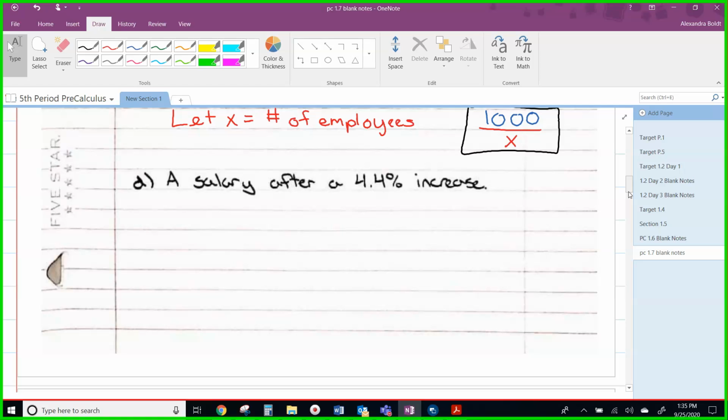I don't know what the new salary is going to be if I don't know what my current salary is. So again, we have to let that be our variable. This is really our current salary, and then we want to know what the new salary is going to be.